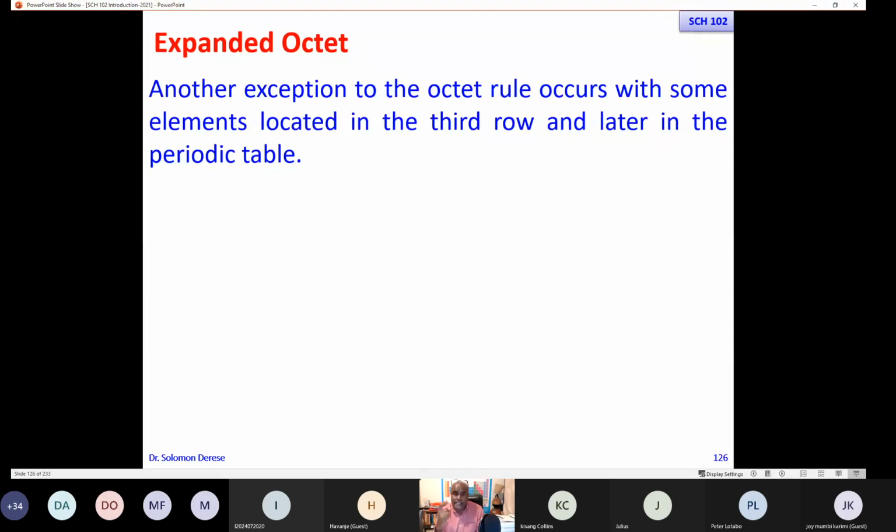To fill the s subshell, you need 2 electrons. To fill the p subshell, you need 6 electrons. 2 plus 6 is 8. So to have a complete second shell, you only need 8 electrons. That's why they follow the octet rule. They react so that they have a completely filled outer shell of 8.